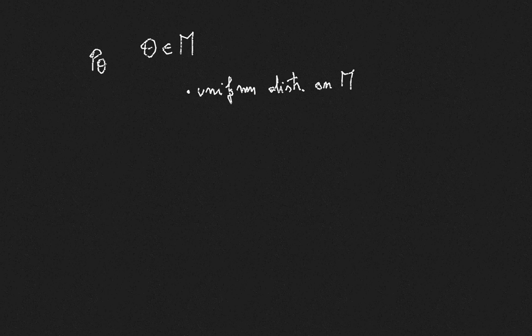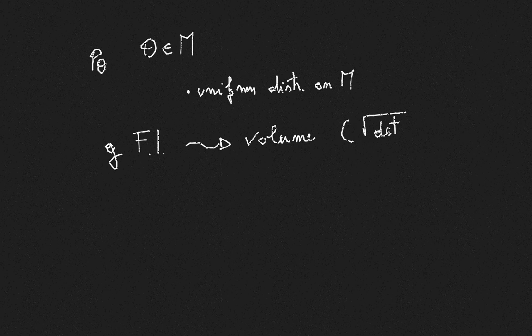Now, one thing you can do is this. Given G, the Fisher information metric, given a metric, you have a distance, so you can define a volume. Which in coordinates is the square root of the determinant of the matrix in local coordinates.